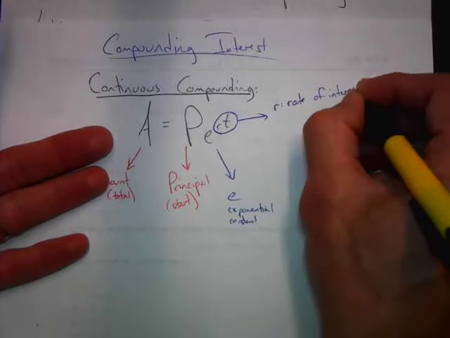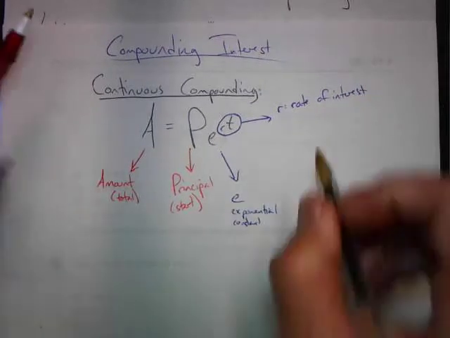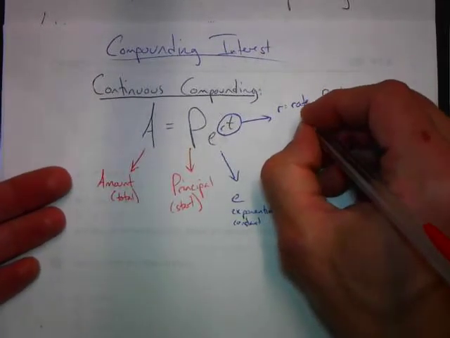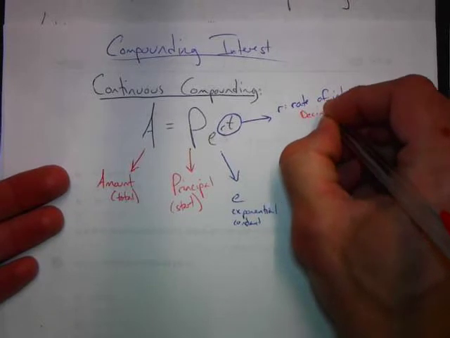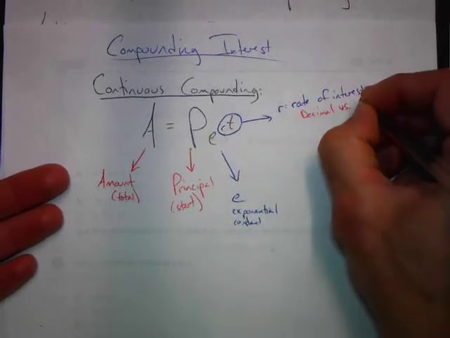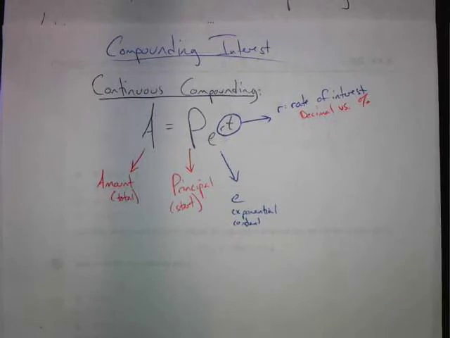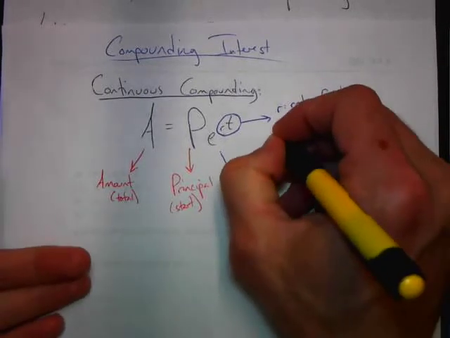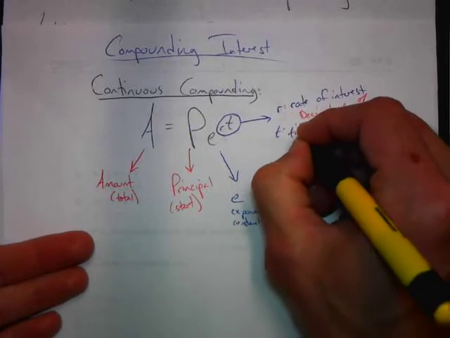Here you have to be careful when you're talking about interest rates. You have to make sure you know the difference between decimal versus percentages, because this r is going to use the decimal. And then t stands for time, the time in years.